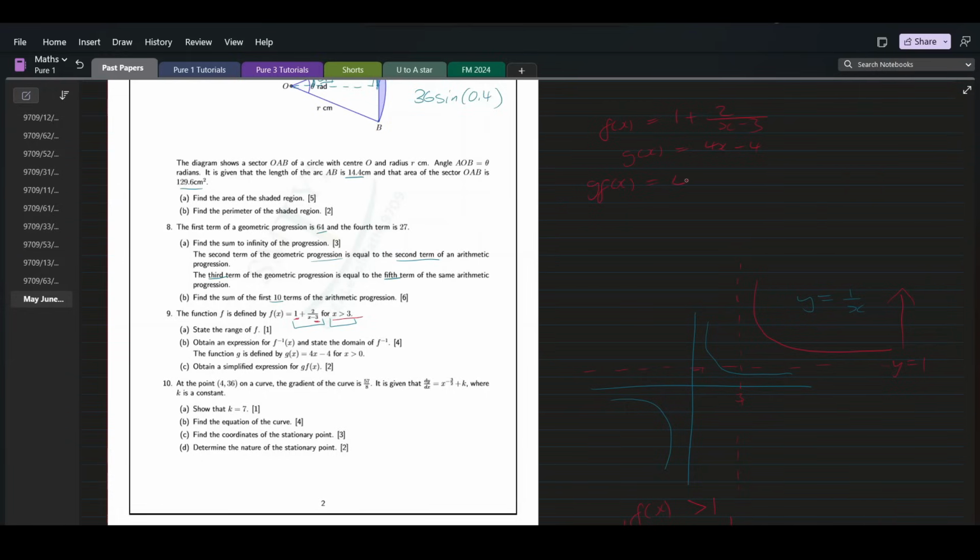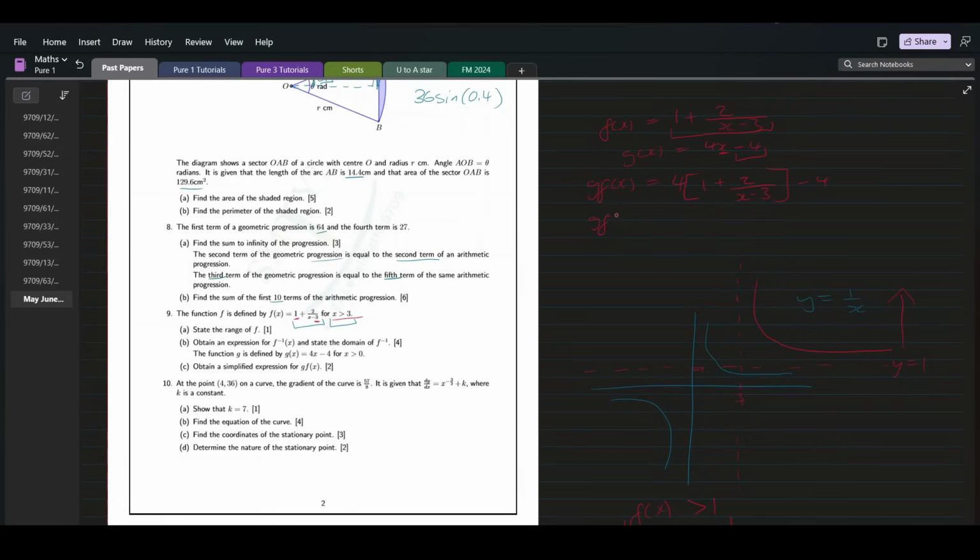So that's 4, and then wherever there's an x, we're going to replace it with the f of x. So we'll put a big bracket here and replace this x with f of x. So that's 1 plus 2 over x minus 3. Then let's close our bracket. Then we have the minus 4 over there.